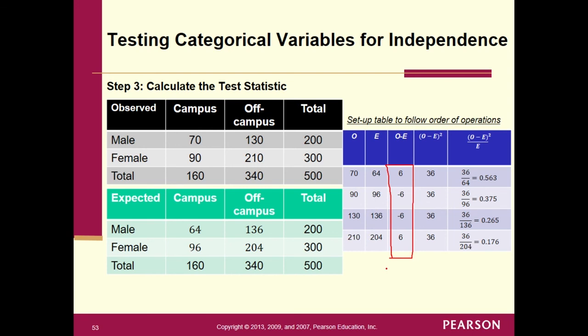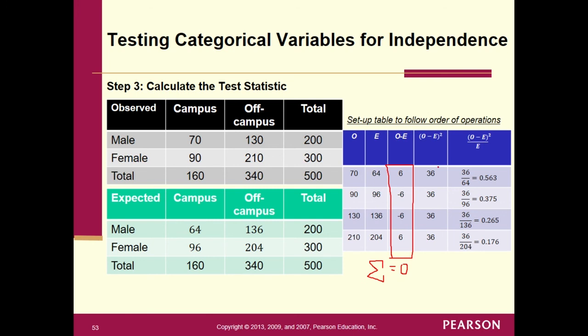That's not going to happen, say, for a 3 by 2 table or a 3 by 3 table or a 4 by 5 table or whatever. But what I can guarantee you, no matter how large the table is, is that this column will always add up to 0 if you did everything correctly. So that'll always add up to 0.